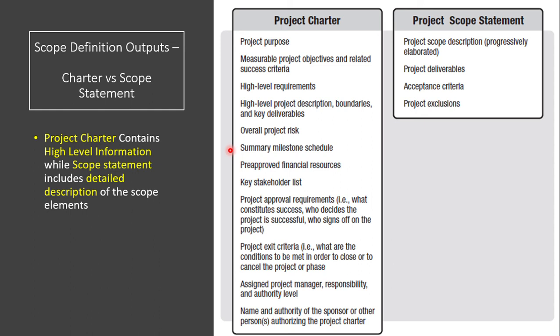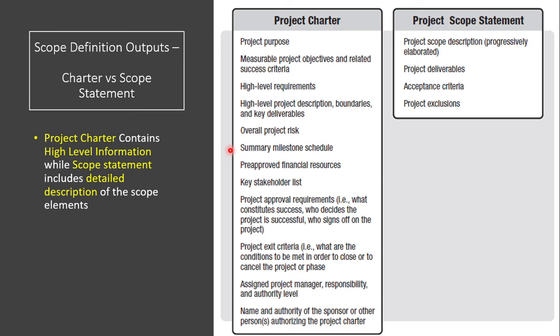So we started our journey with the project charter, with high-level information, and we now try to end up with a project scope statement with a more detailed description. The project charter, as we discussed earlier, has a 360-degree view of the entire project at a high level. As discussed in previous classes, it contains a bit of high-level requirements, a bit of project risks, a bit of a key stakeholder list, and not a comprehensive one.